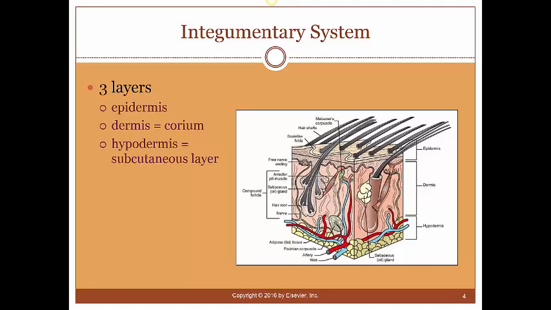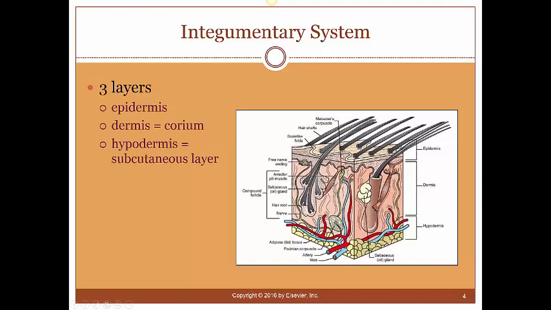So when we look at the integumentary system, we're going to have three layers. Out here on the surface, we're going to have the epidermis, and the epidermis is, on average, about 20 cells thick on the skin. We have the outer portion of the epidermis, going all the way down here to the basement membrane.